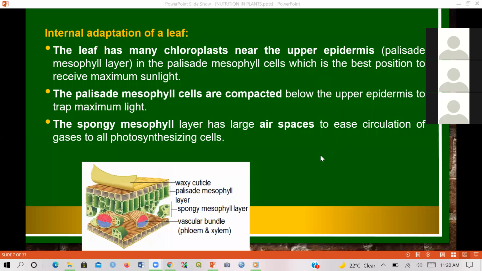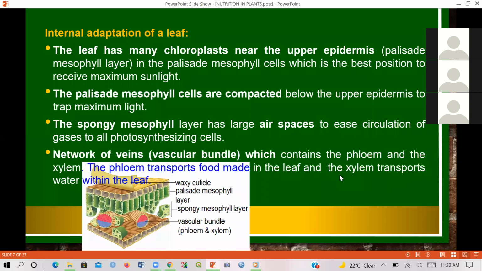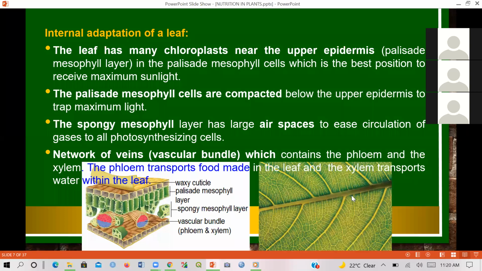The fourth adaptation is the presence of veins, the vascular bundles in these leaves that aid in the transportation of food and water within the leaf. When you look at these leaves, they have very many veins.